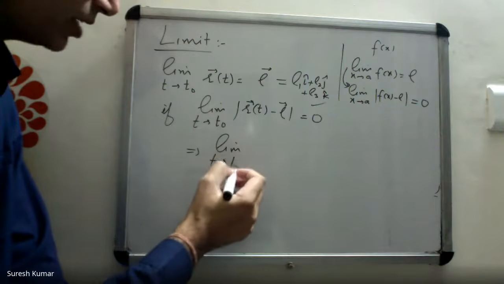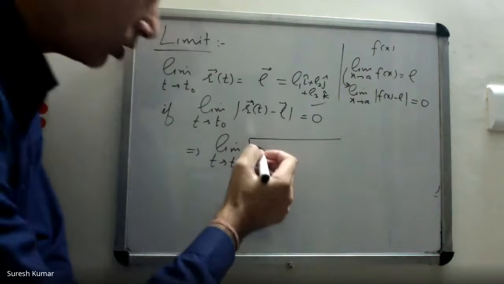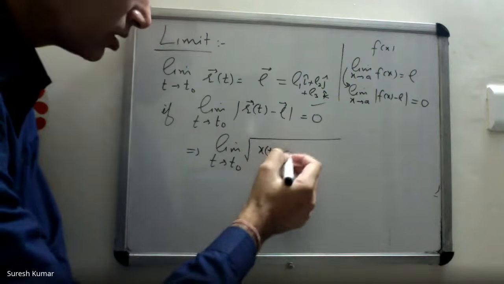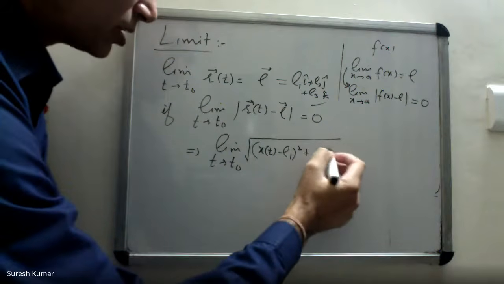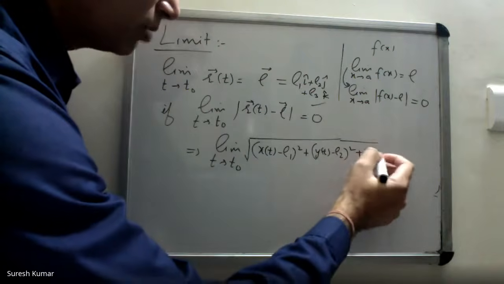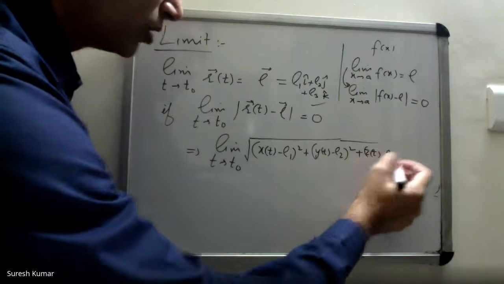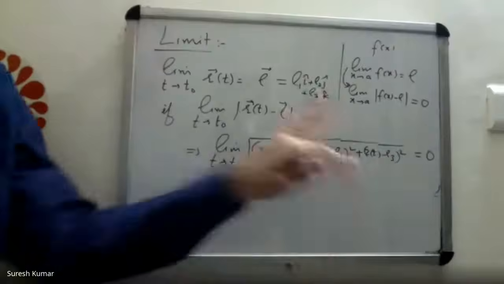So can I write this expression in this format? Square root of (x(t) minus L1) whole square plus (y(t) minus L2) whole square plus (z(t) minus L3) whole square. Are you okay with this? Magnitude of it, right?